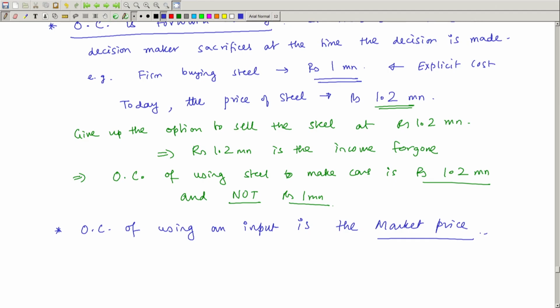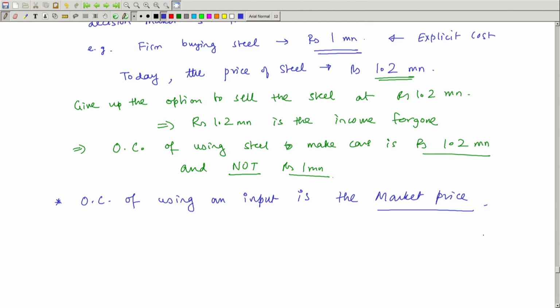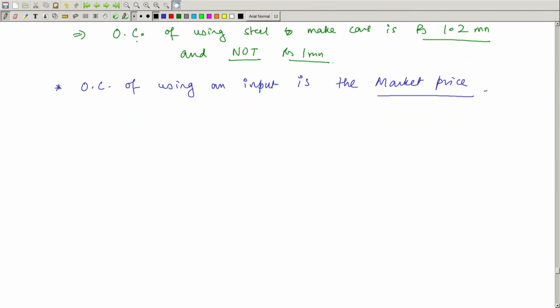So the opportunity cost for my current activity of using the steel to make cars is essentially 1.2 million, right. So we can basically summarize this discussion by saying that my economic cost is essentially my opportunity cost.